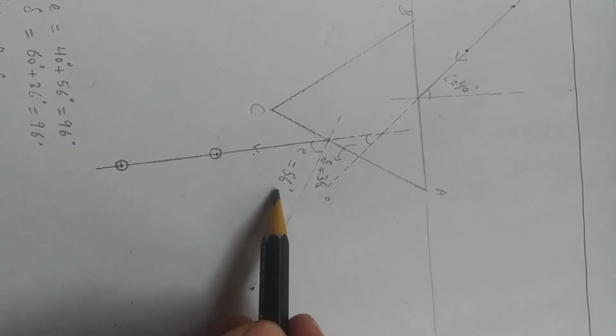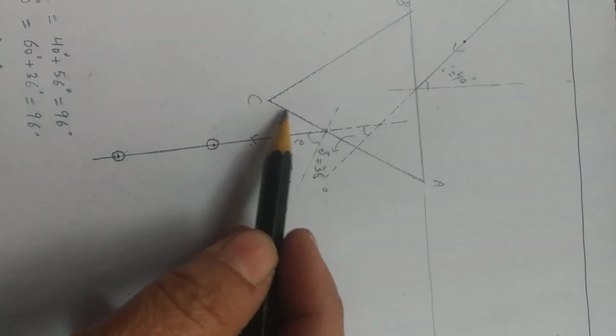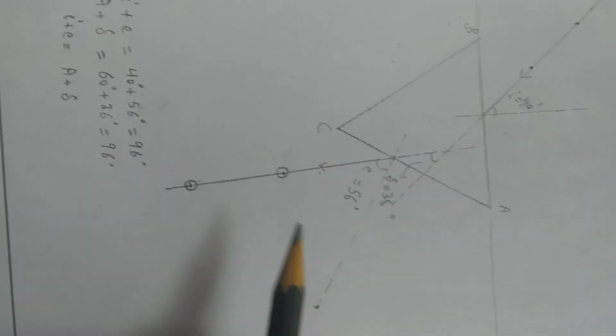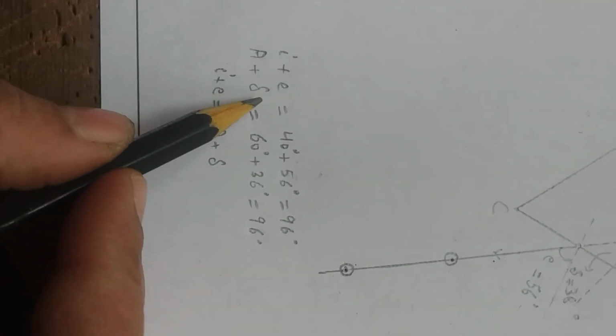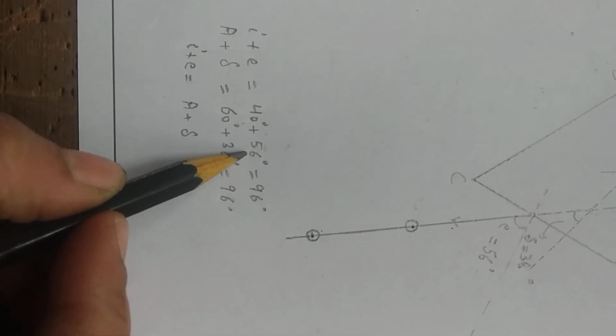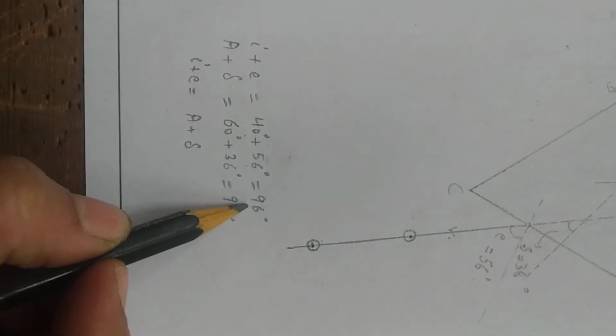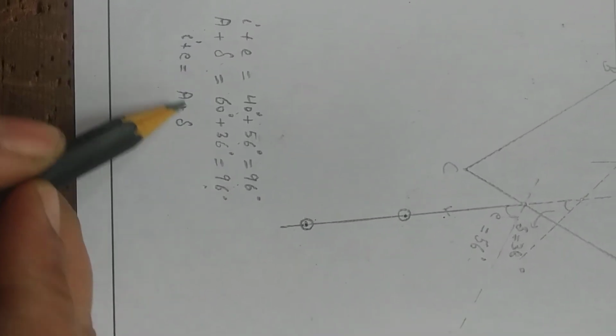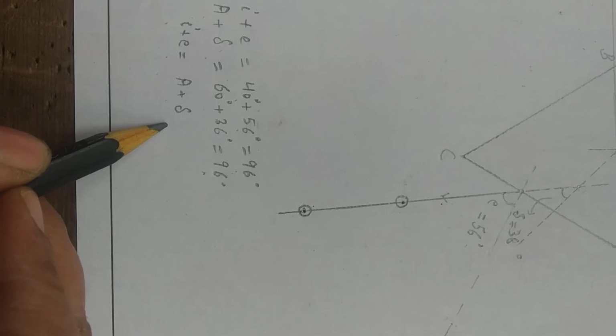56 degree is the angle of emergence when I place the normal over this AC, and I plus E, where I is 40 degree and E is 56 degree, the sum is 96 degree. In the similar manner, A plus delta is equal to 96 degree. So here I plus E is equal to A plus delta.